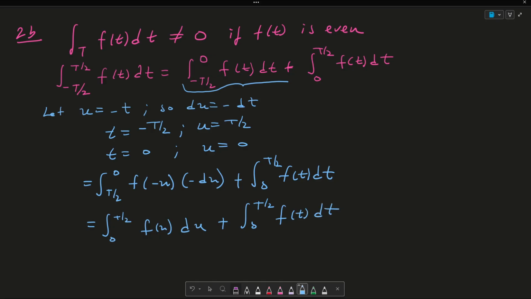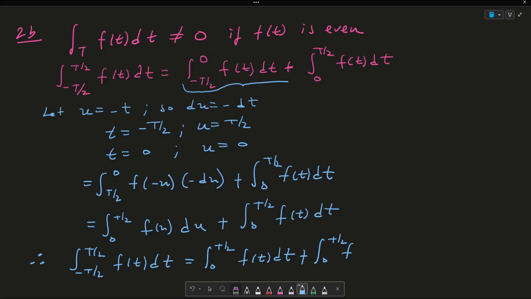And similar to 1b, since u and t are simply dummy variables, the two integrals are identical with the same signs. So then, therefore, we can write it clean and say that the integral from minus t over 2 to t over 2 of this even function, f of t dt, is the same thing as saying the integral from 0 to t over 2 of f of t dt plus the integral from 0 to t over 2 of f of t dt, since u and t are simply dummy variables and are identical.